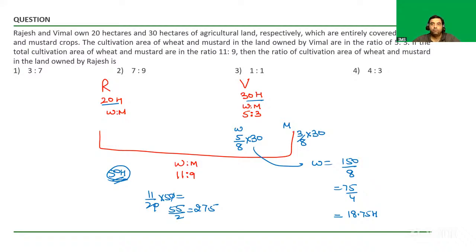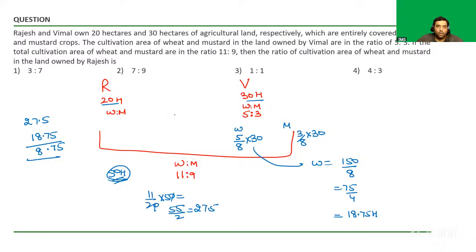Out of those, Vimal has grown 18.75 of that. So therefore, the other person, that is Rajesh, must have grown the remaining wheat. From the total, if I subtract 18.75 by Vimal, I end up getting 8.75, because I know 18.75 plus 8.75 is 27.5.